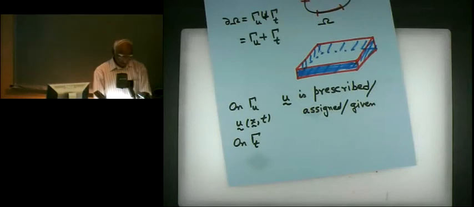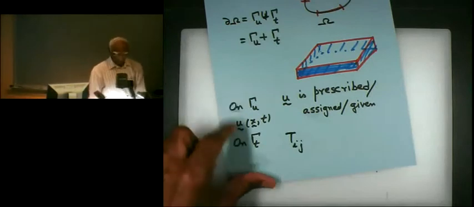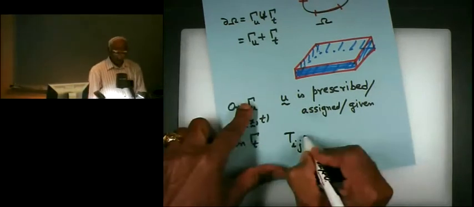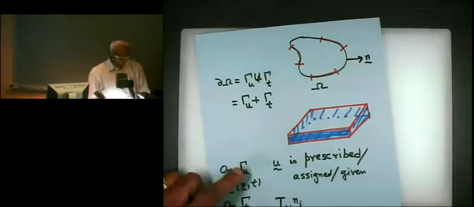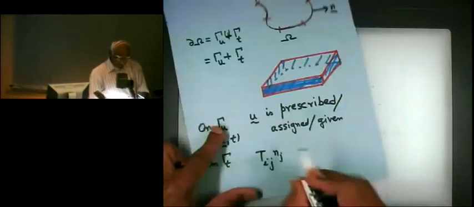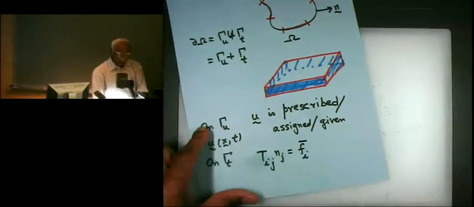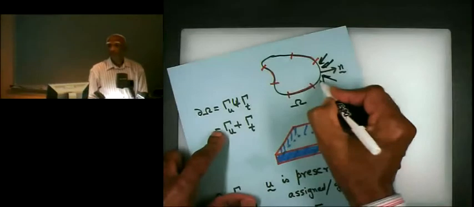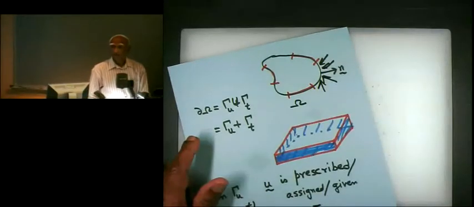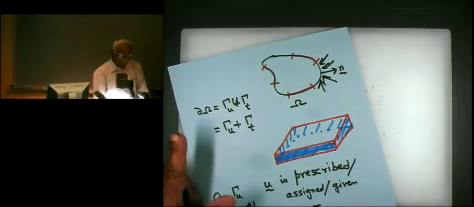So what we are given is Tij, that's the Cauchy stress tensor, times n, the outward unit normal, and this value we said is Fi, but we are going to put a bar on it. So if you apply loads here, those loads are given. So this is Fi bar.